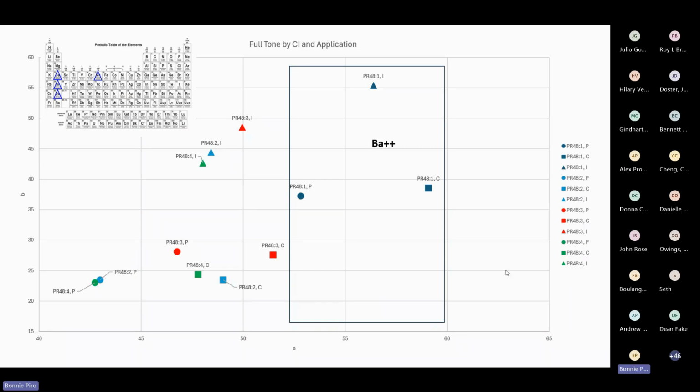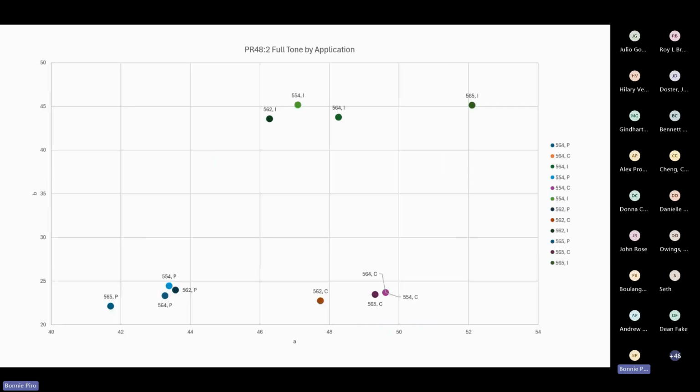And similarly, if we do the same comparison with respect to the 48-2 products that we took a look at, again, we see some similarities with the ink formulation of the four products up here.